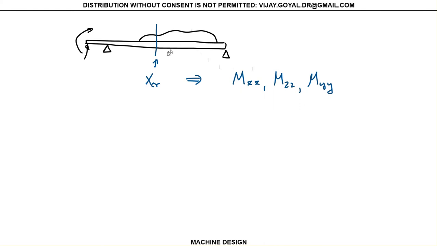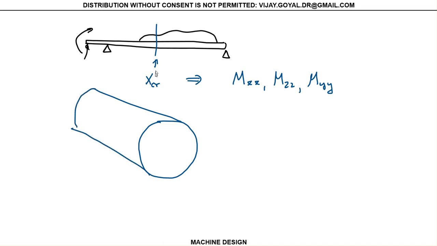Now, at that particular critical location, let's suppose, just for the sake of this discussion, is a beam of a circular cross section. So you have a beam that looks something like this. This is the location X critical.